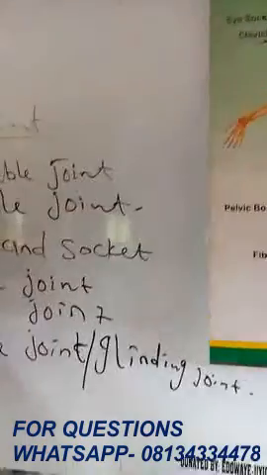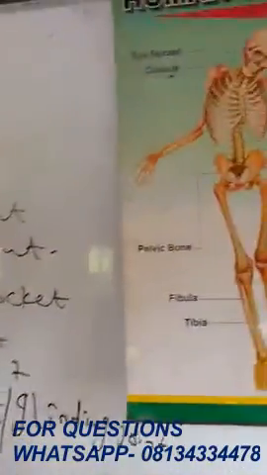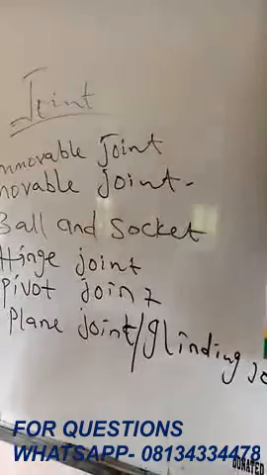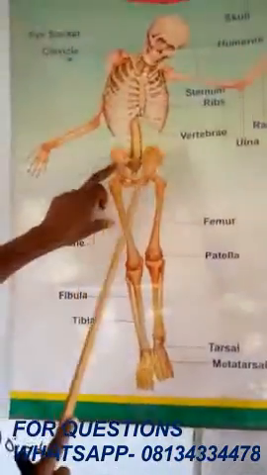Then the ball and socket joints are found around the shoulder, just like I said earlier, and also the pelvic girdle in the hip. Here is your pelvic girdle at the hip here.